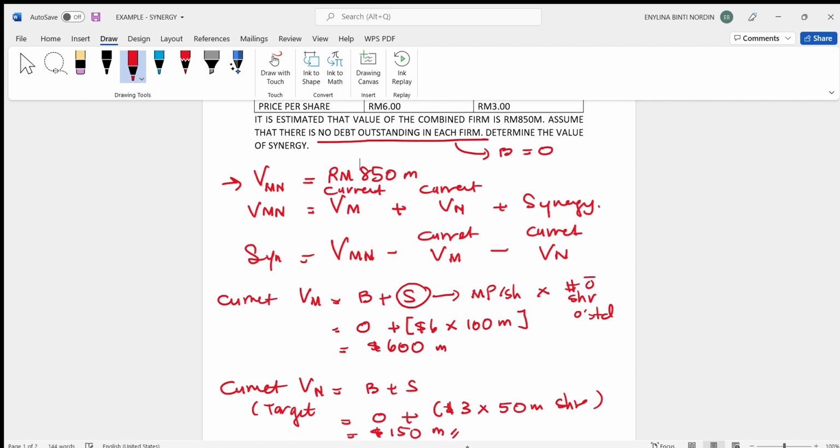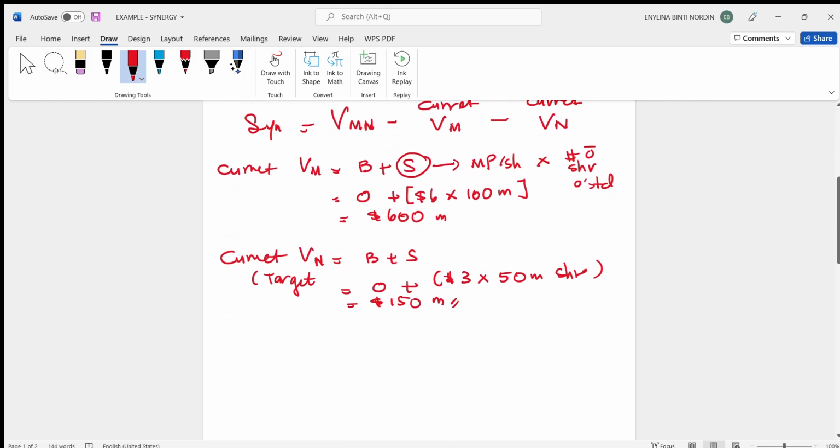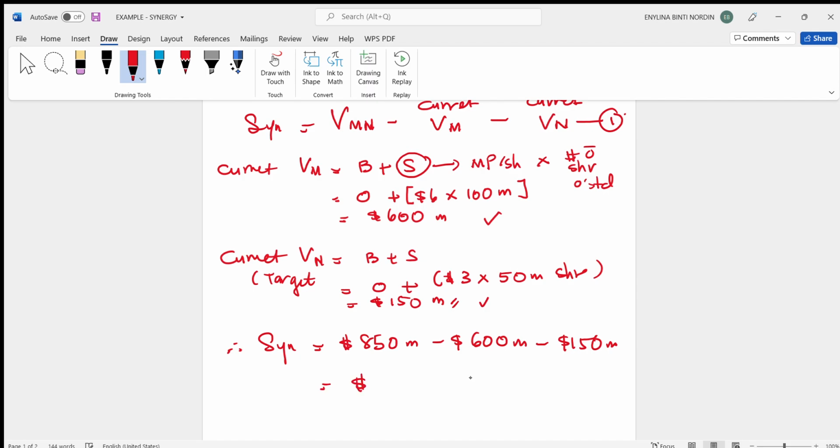So this is the current value of N. Now we can find out the synergy. Going back to this formula, the value of the combined firm given in the question, 850 million, minus 600 million, this one, and minus 150 million, this one. Therefore, you will get 100 million ringgit synergy if you are using this formula.